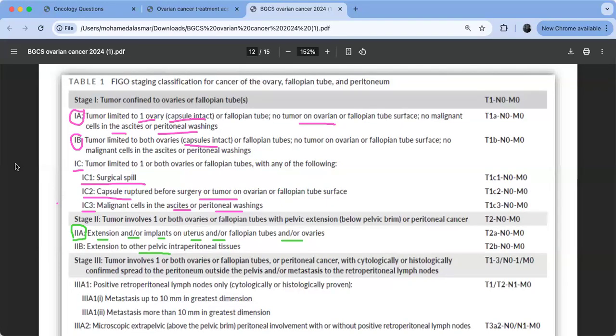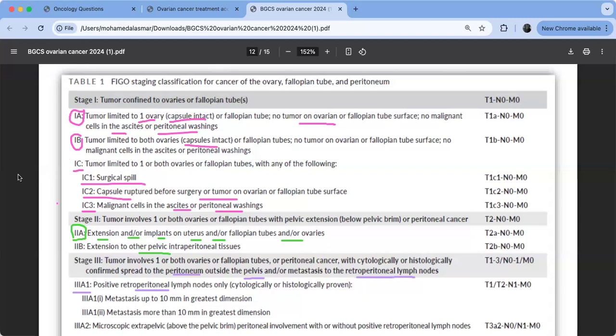What about stage 3? Stage 3 is tumor involving one or both ovaries or peritoneal cancer with cytologically or histologically confirmed spread to the peritoneum outside the pelvis or metastasis to the retroperitoneal lymph node. So in 3A1, positive retroperitoneal lymph node.